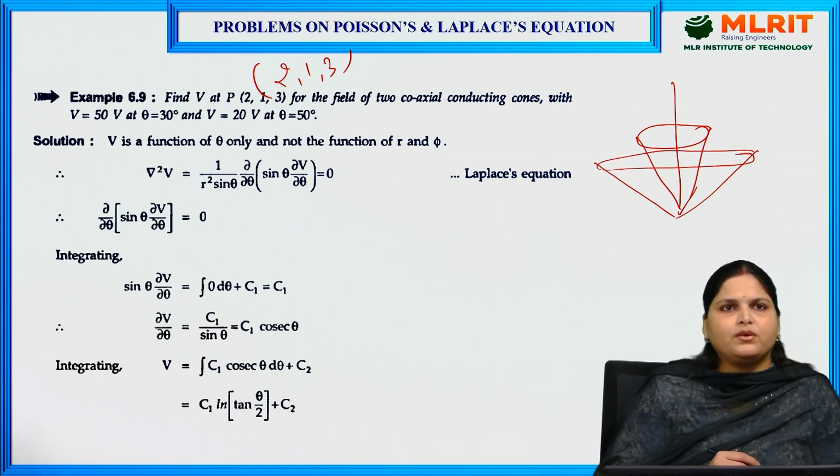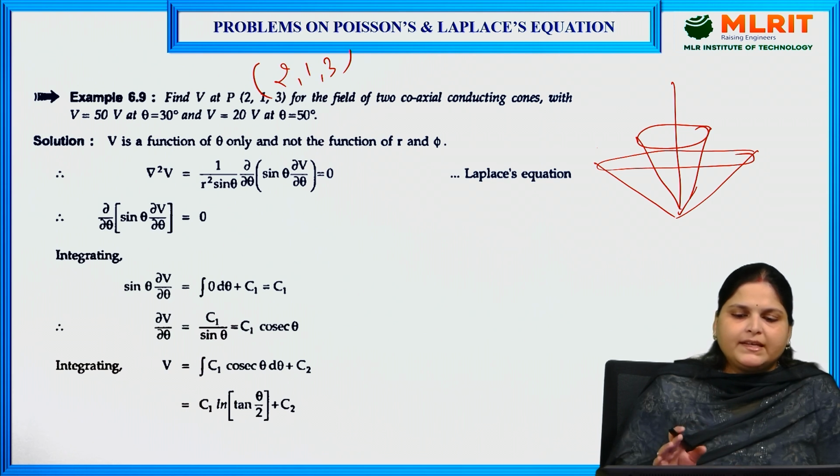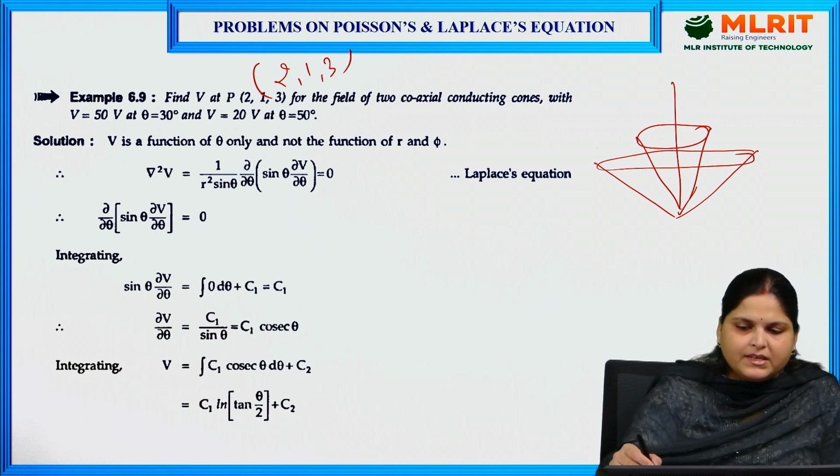Two cones. One cone is at 30 degrees and the voltage is 50 volts here.